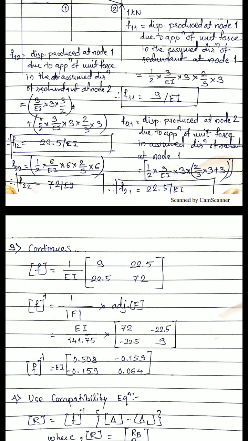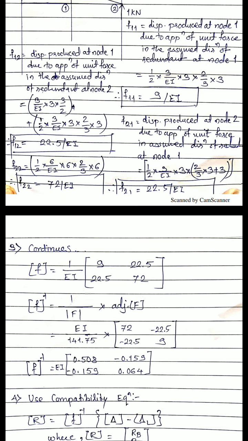And how to find out the adjoint matrix now? For a 2 by 2 matrix, you can find out the adjoint matrix easily. You have to simply replace your diagonal elements, that is 9 will be replaced by 72 and 72 is replaced by 9.